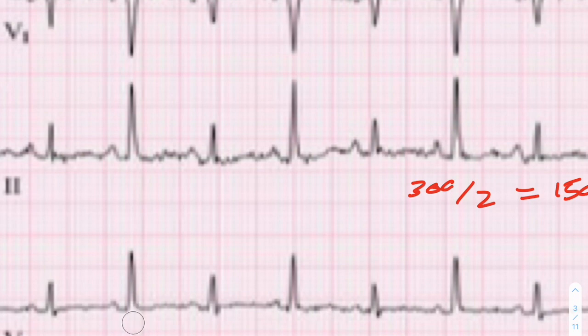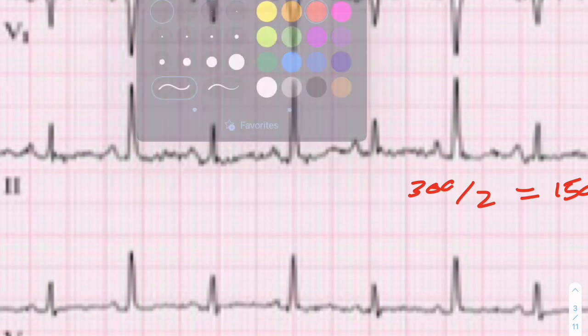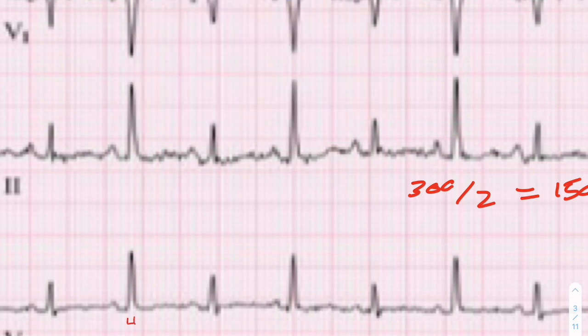This one as well looks to be one small box, a little bit more than one small box, that is. And so that's within our normal QRS complex. Remember, we're looking for QRS complexes that are less than 120 milliseconds, or 3 small boxes. So we have nice narrow complex QRS complexes.